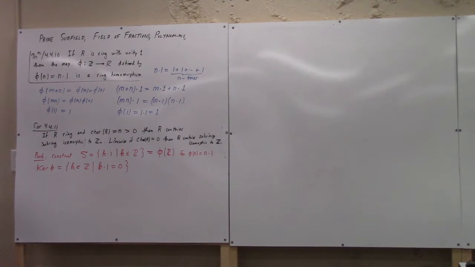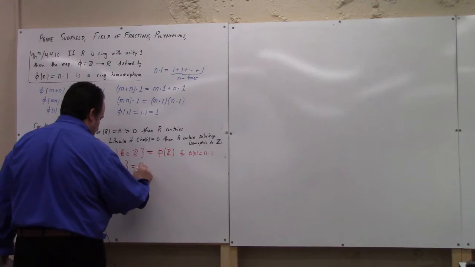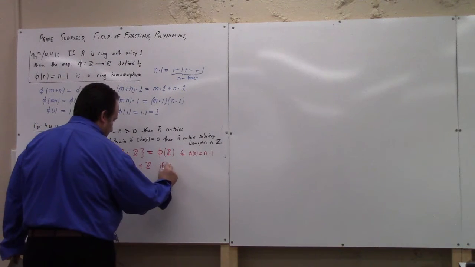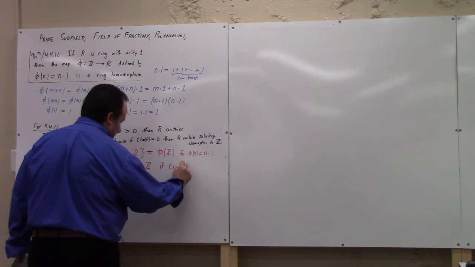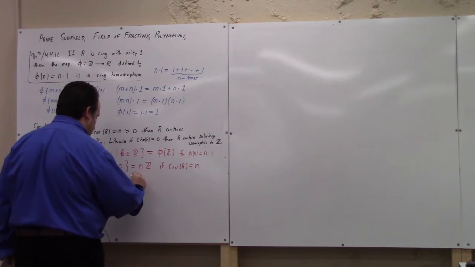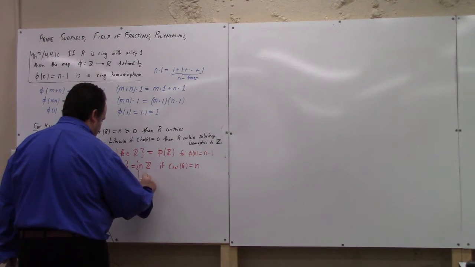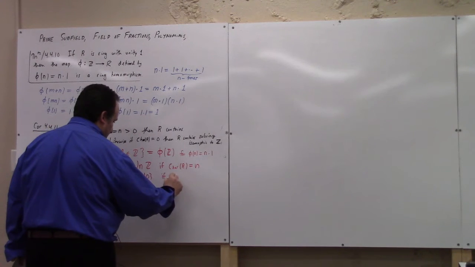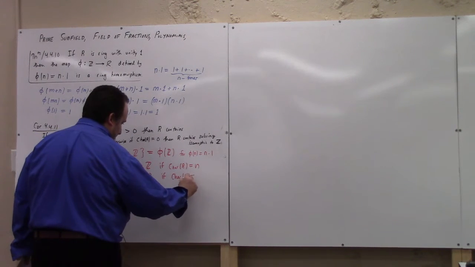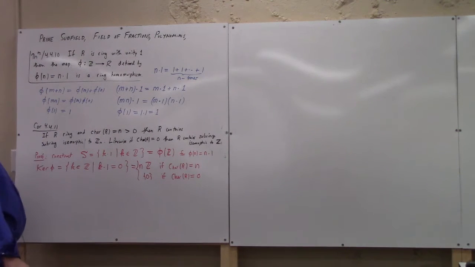So this is equal to nZ if the characteristic of R equals n, and it's equal to the set containing 0 if the characteristic of R is 0. Because the only way you can get 1 added to itself to get 0 is when you add it to itself 0 times in characteristic 0.